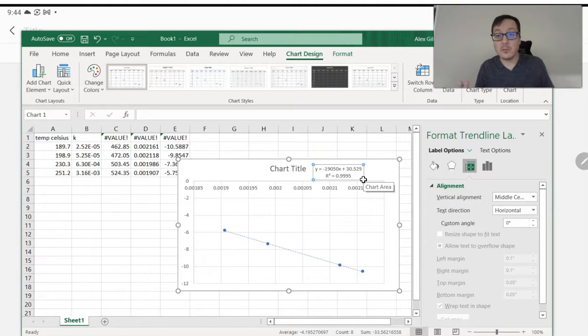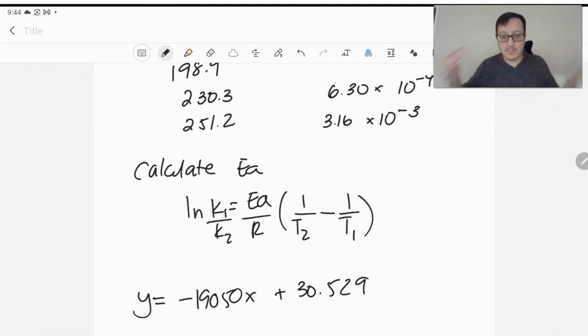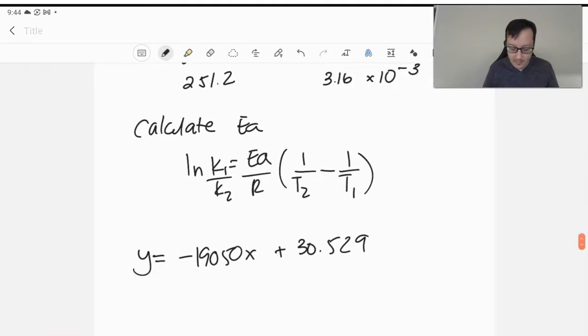Remember that the slope of the line we get is negative EA over R. So y in this case is negative 19,050x plus 30.529. So we also have A if we were ever interested in that, but who cares? We don't need A. So we have our line now.